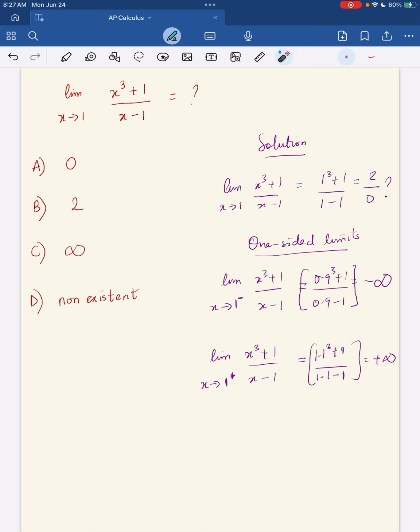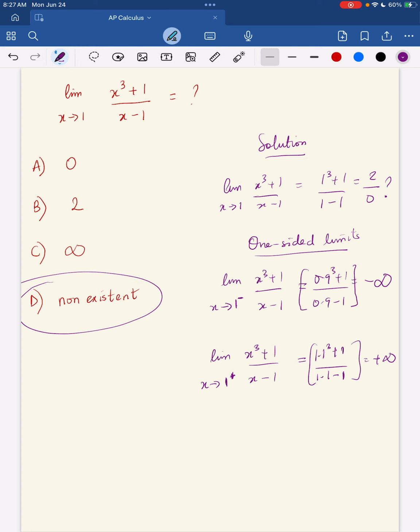And when you have two different values for one-sided limits, then the limit at that particular value does not exist. So the answer to this question is that the limit does not exist, because the two one-sided limits do not give the same value. And that is how you solve this tricky limit question from AP Calculus.